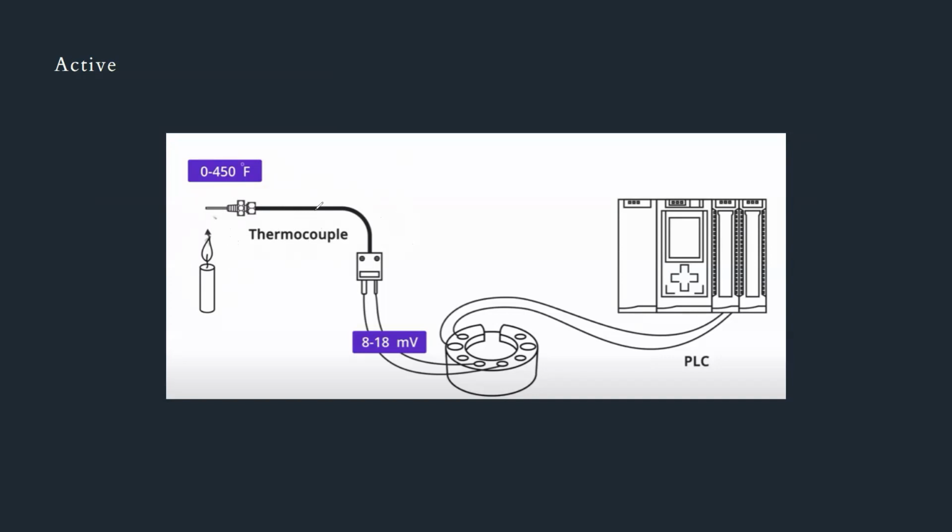So the voltage that it gives as output is related to the temperature that it detects in the environment. Okay, so this thermocouple is an active sensor, and we don't need to give external power supply.